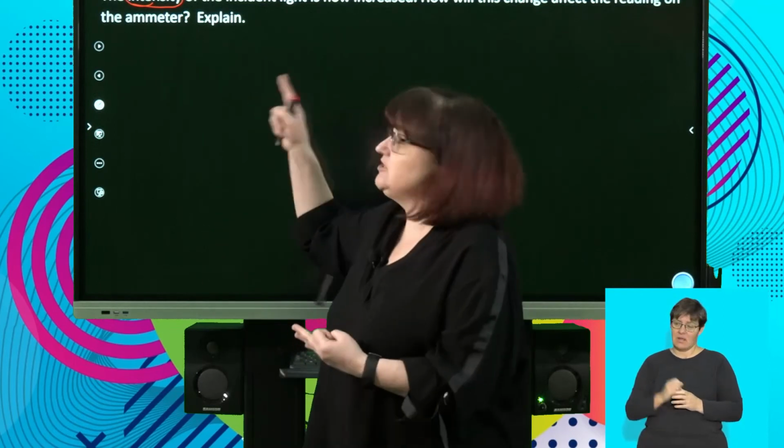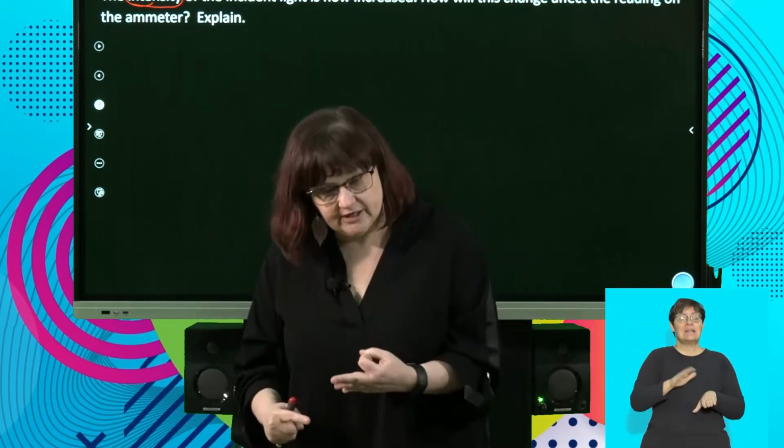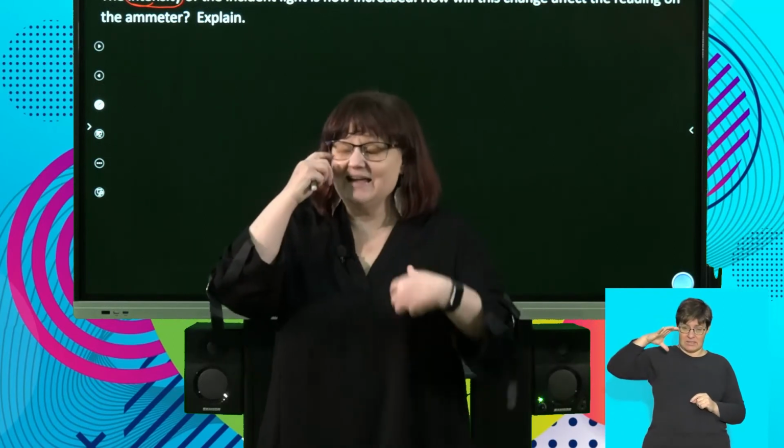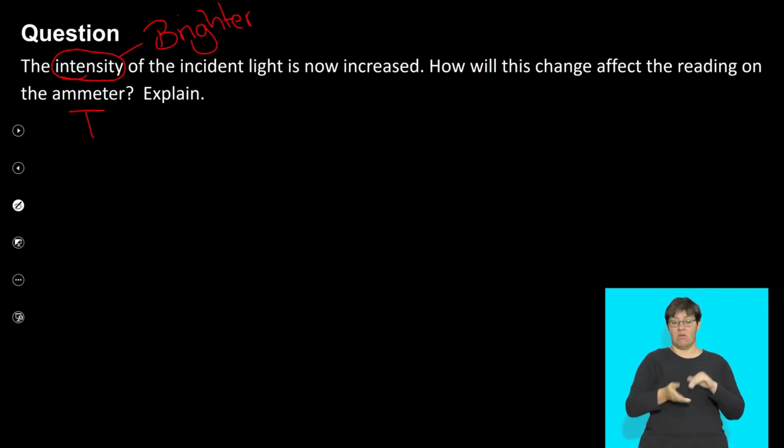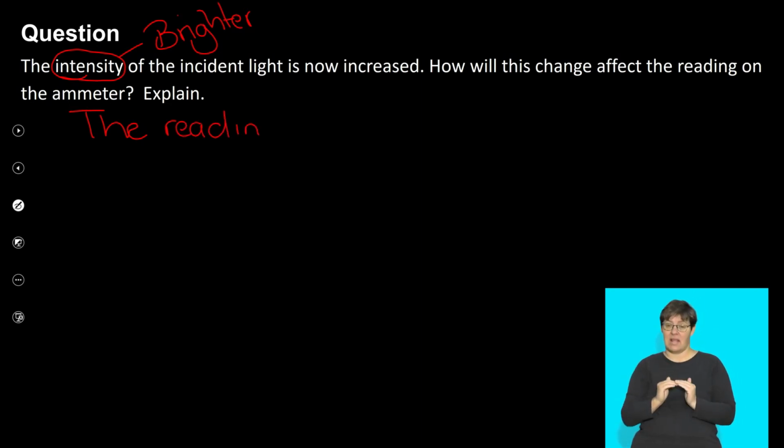Now, I've changed the intensity. I have to change the current. But I've made it brighter. When I increase the brightness, I always increase the current. So how will this affect the reading on the ammeter? The reading will increase.